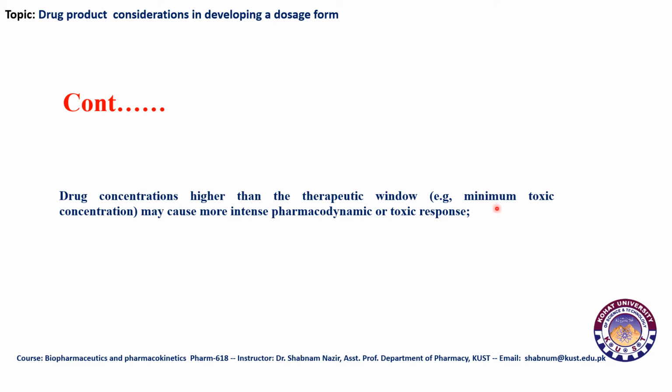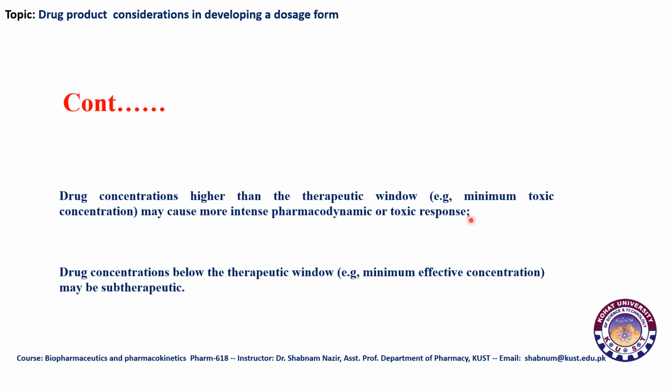If the level is below the minimum effective concentration, then the chances are that the level would be subtherapeutic. One won't be able to achieve the therapeutic response, which is the desired one for which the drug is being administered. And similarly, if it crosses the minimum toxic concentration, the patient could experience an intense pharmacodynamic, or toxic, response.